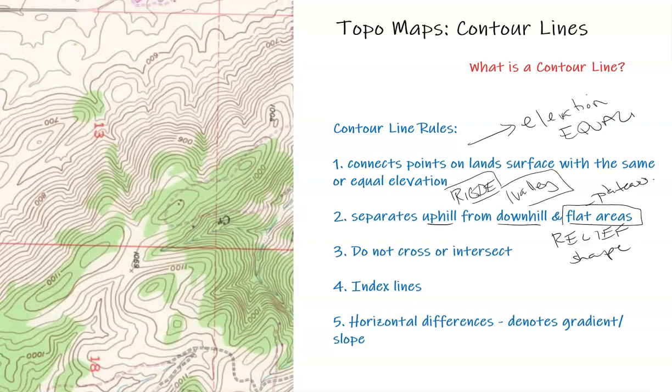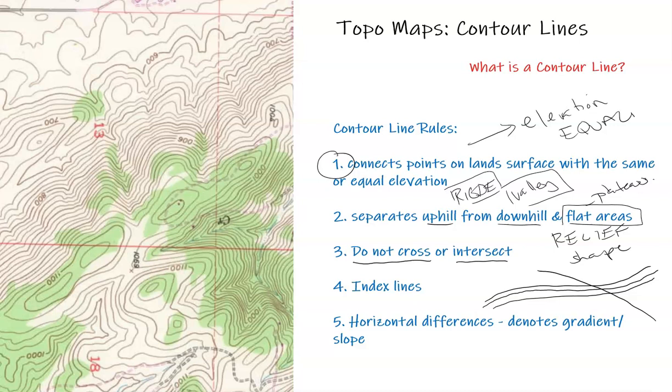These lines do not cross or intersect, right? So the contour lines can be very close together, like this. But you'll never see a contour line go across and exist in one. Why? Because remember, the contour line denotes a discrete elevation in feet or meters.